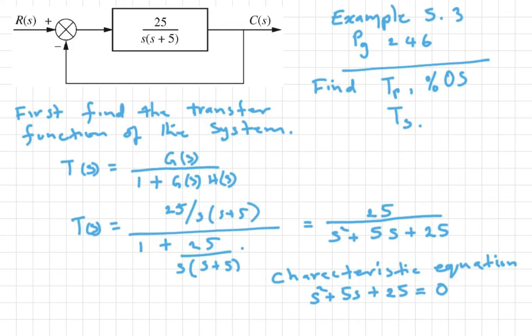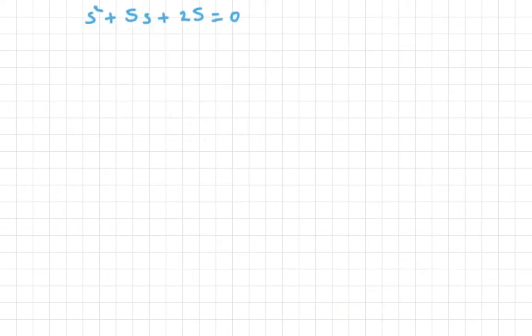So the first thing we want to do is to find omega n and our zeta. So from the characteristic equation, we know that omega n squared is equal to 25 from our generalized second order equation. And so from here we know that omega n is equal to 5. And then we also know that 2 zeta omega n is equal to 5.